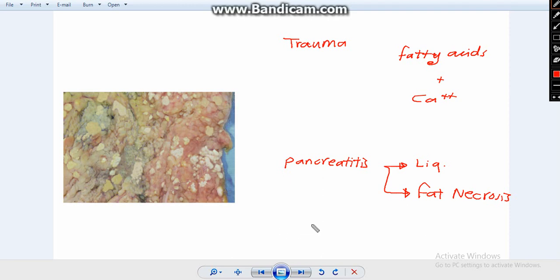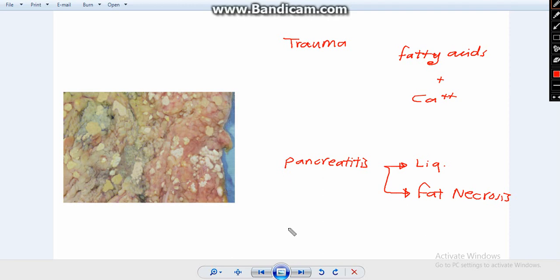Dystrophic calcification is different from metastatic calcification, because in dystrophic calcification you have a normal serum calcium and a normal serum phosphate, whereas in metastatic calcification you have elevated calcium or elevated phosphate levels.